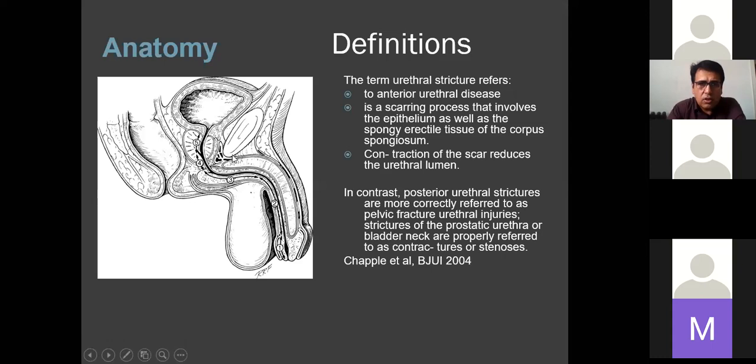We say stricture disease when it is in the anterior urethra, not the posterior urethra, because if it is in the posterior urethra, we call it prostatic injury, urethral fracture, or urethral injury, or an invasion of the membranous urethra, rather than stricture. The stricture is really from the anterior urethra.